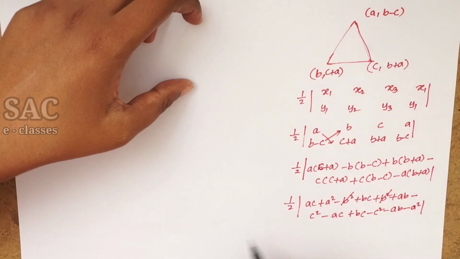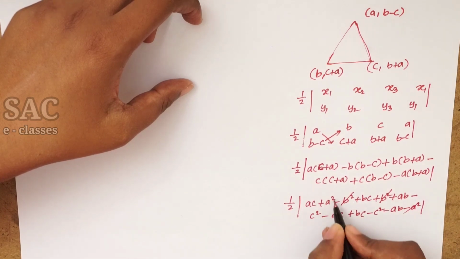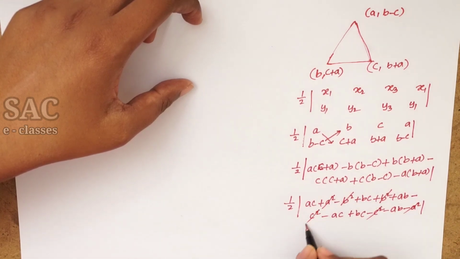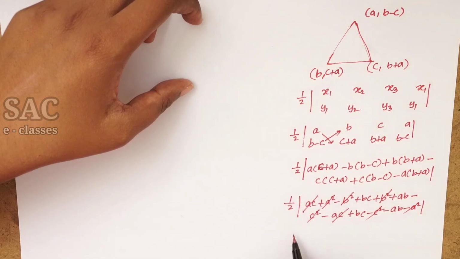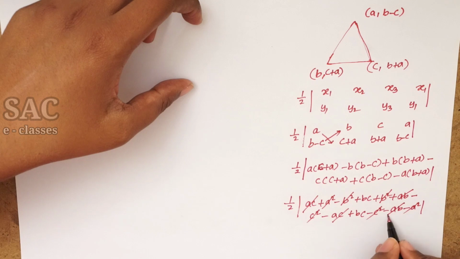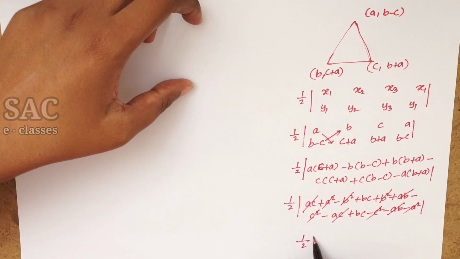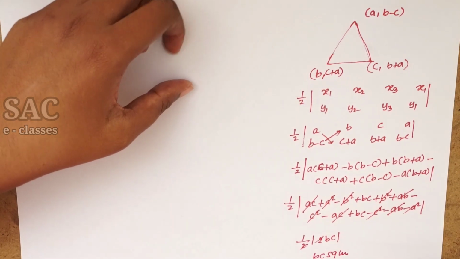Plus B square minus B square, plus A square minus A square, plus C square minus C square, plus AC minus AC, minus AB plus AB. Half into 2 times BC. Getting cancelled, BC square units is the answer. Let's move to the next problem.